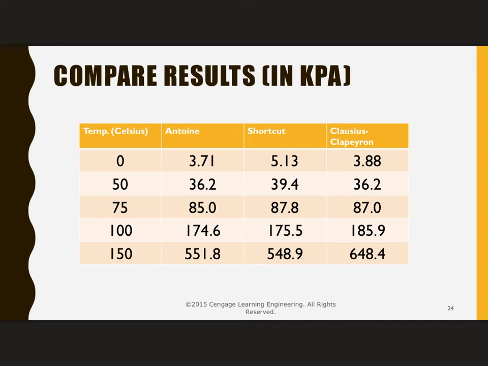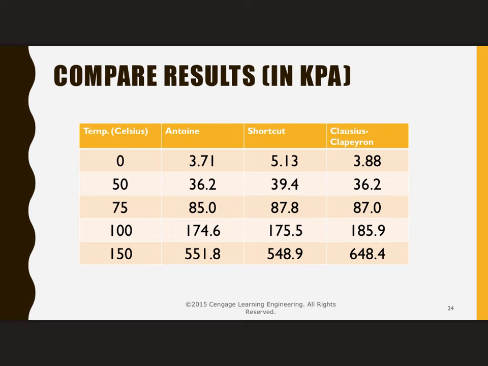So this is a summary table of all of our answers. Now these have been converted to kilopascals. Remember, Antoine gives us millimeters of mercury. But when we do the conversion at 0 degrees, Antoine is 3.71, shortcut is 5.13, and Clausius-Clapeyron is 3.88. At 50, Antoine is 36.2, shortcut 39.4, Clausius-Clapeyron of 36.2.